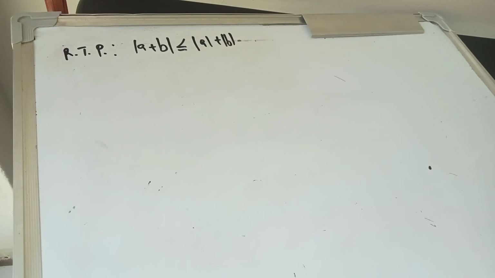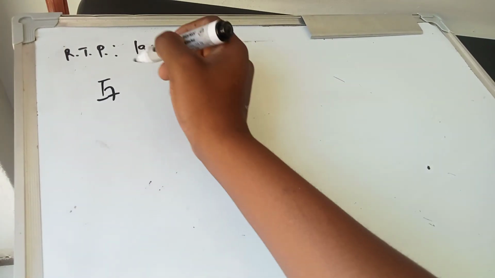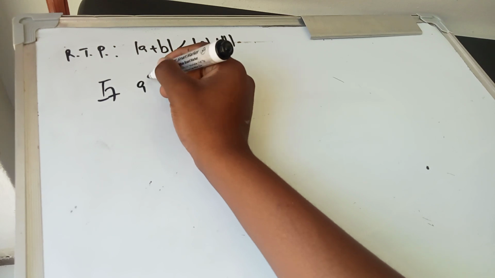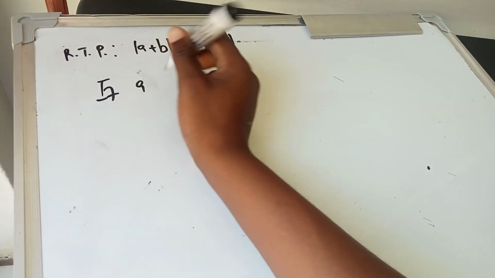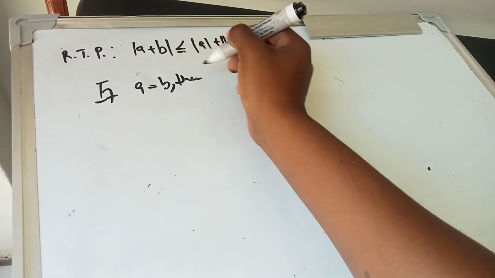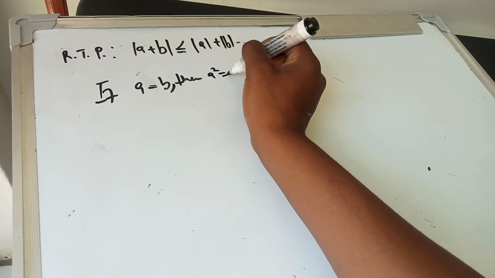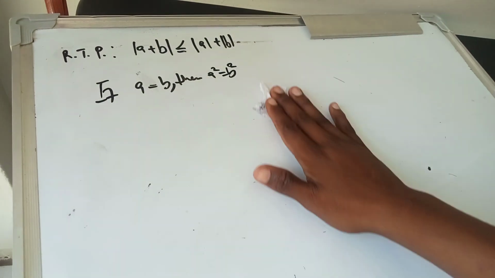Now, as we all know, if a is equal to b, then a squared has to be equal to b squared, right?